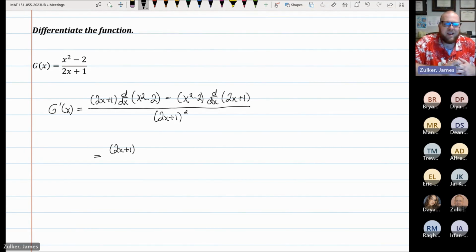Two x plus 1 times the derivative of x squared minus 2. What is the derivative of x squared minus 2?